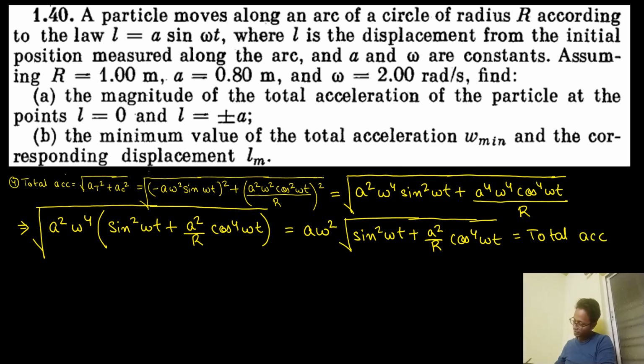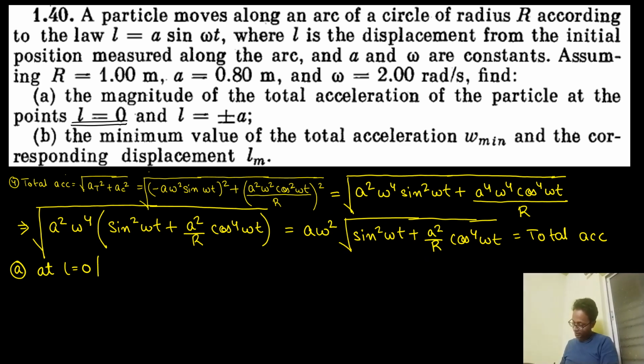Now I need to find out the total acceleration at 2 points. First, at L is equal to 0. At L is equal to 0, there is no parameter of L out here. So how do I find it?